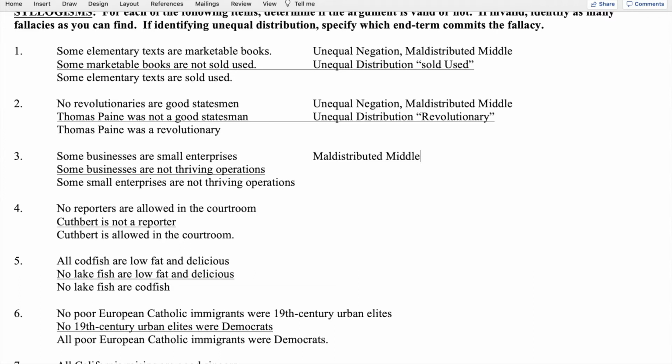It's subject of a particular, and it's also not distributed in the first premise because it's predicate of an affirmative, and that's equal, so that's okay. Then we have thriving operations, and both times thriving operations occurs as predicate of a negative, so that's also distributed twice. That's equal, and that's okay, but the syllogism is still invalid because of the fallacy of maldistributed middle.